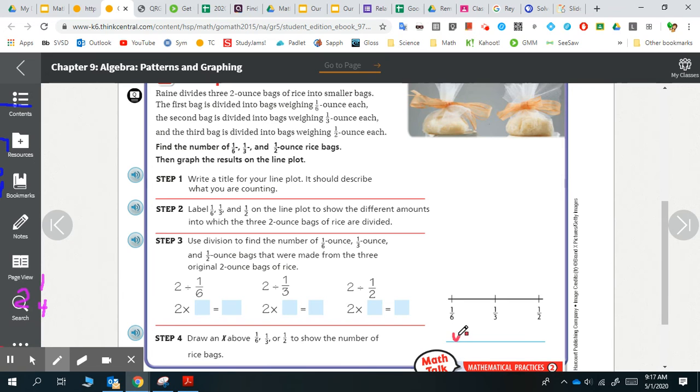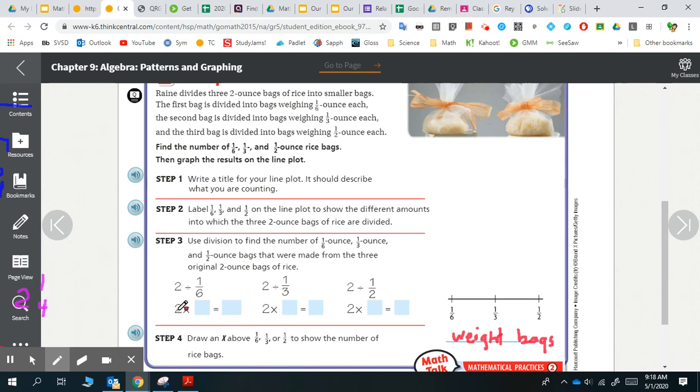Okay, so we could put weight here, weight of our bags. And we know that we're putting them in these smaller amounts here. And then this is interesting because we're going to have to decide how many sixths that would be. And this is using the division that we just learned in chapter 8.